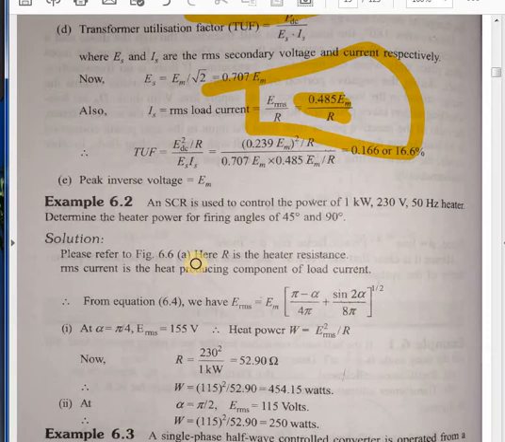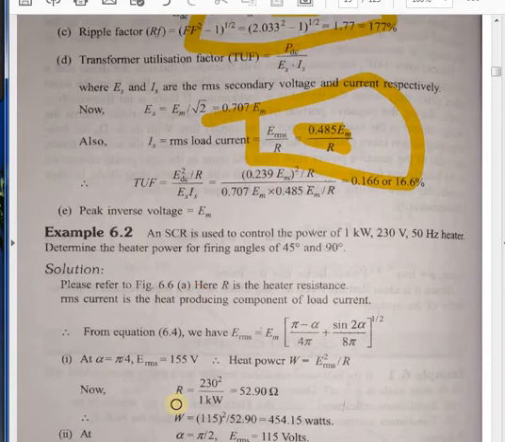There is another question: an SCR is used to control the power of a 1 kilowatt, 230 volt, 50 hertz heater. Determine the heater power for firing angles of 45 degrees and 90 degrees.